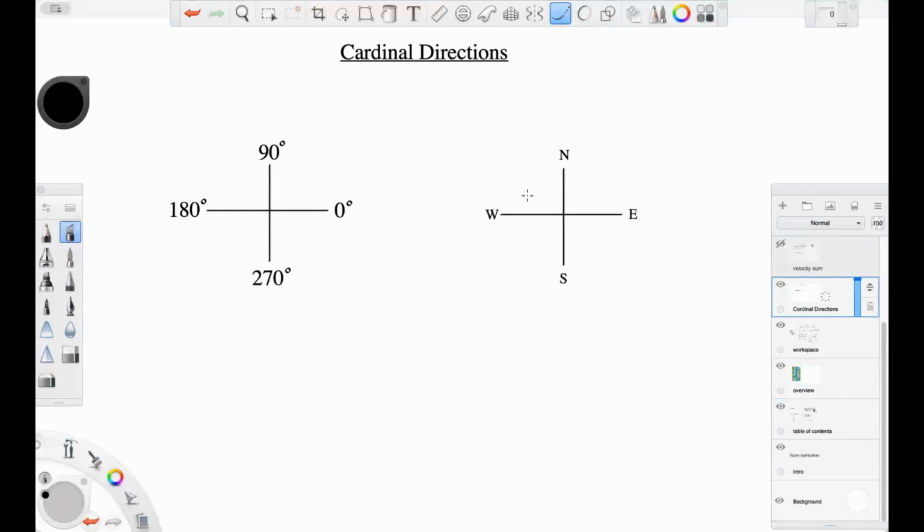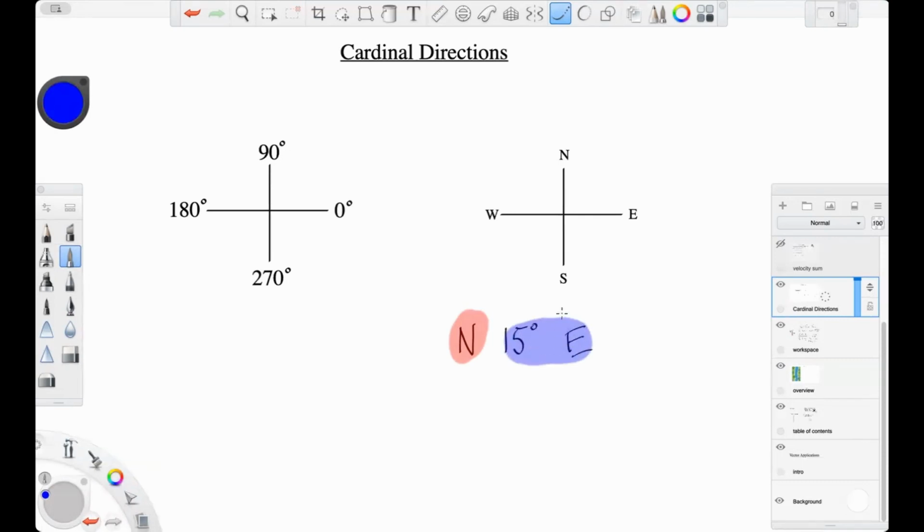And the way that we work with these, so you might see something that says that something is traveling, let's say, north bearing 15 degrees east. So the way that we read these cardinal directions is whatever comes first is going to be the primary direction of travel, right? So in this situation, whatever we're describing is mostly traveling north, but there's a 15-degree offset to the east.